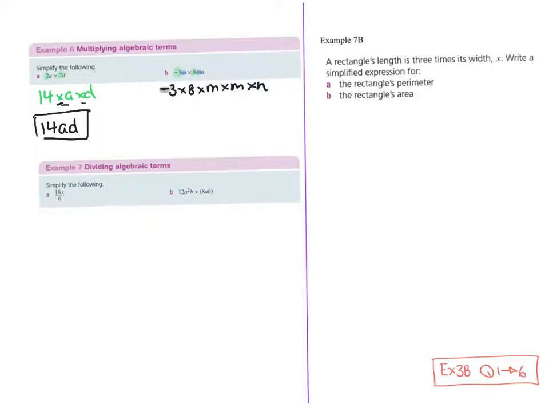So we end up with negative 3 times 8 would be negative 24. And when you have an m times an m, what that actually ends up being is m squared times n. So once again, we don't need to have this times in between the letters, so we can write our final expression as negative 24m squared n, like that.